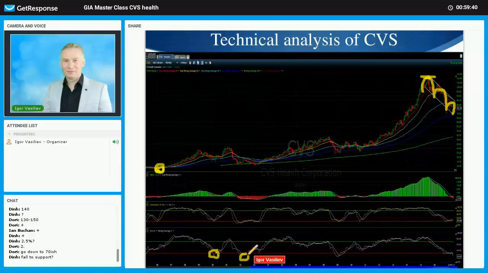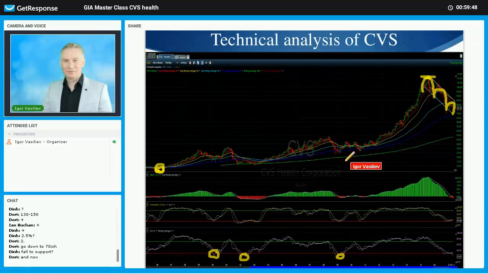Okay, 1, 2, 3 times. After this time it was growth, after this time it was growth, after this time it was growth, and now correct. Here, a similar situation with the stochastic: 1, 2, 3, 4, 5, and now 6 times.